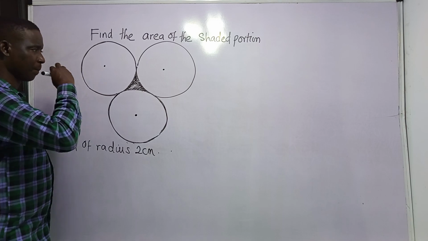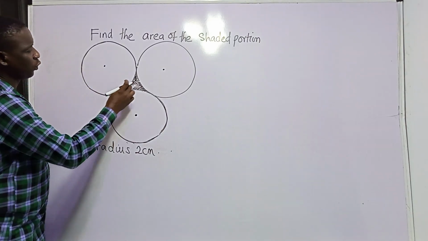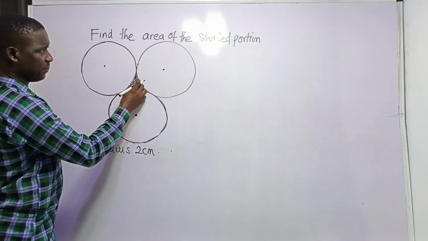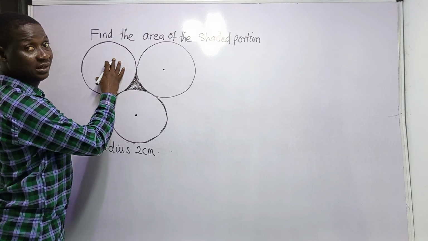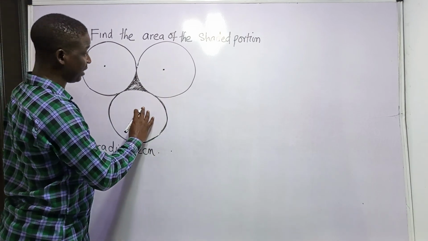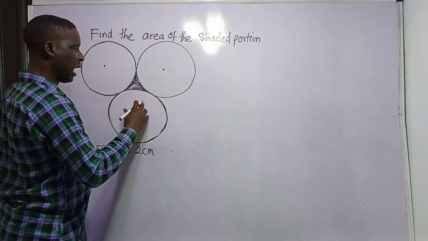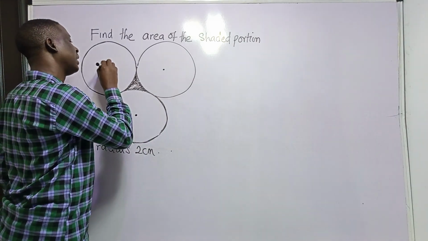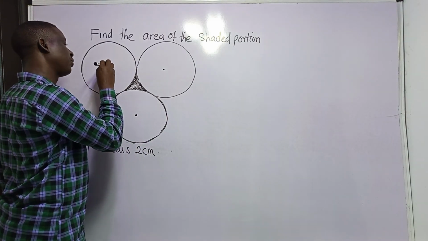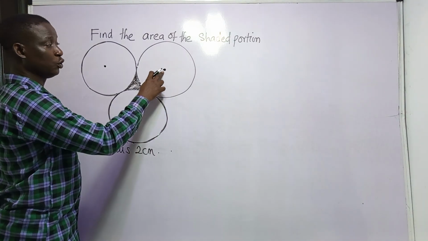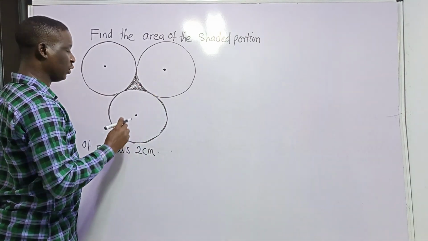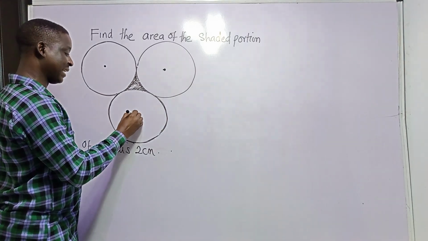Finding this directly might be difficult because it is a combination of this circle and this circle that make up the shape. I will advise you, let's construct a line from one center point to the other, then from this point to this point, so that we can see clearly.